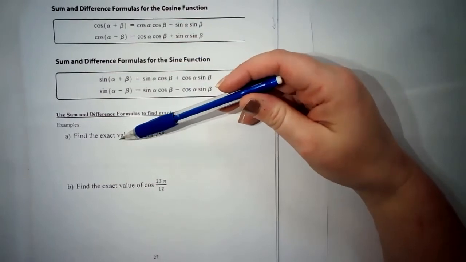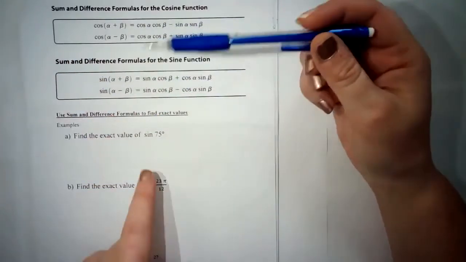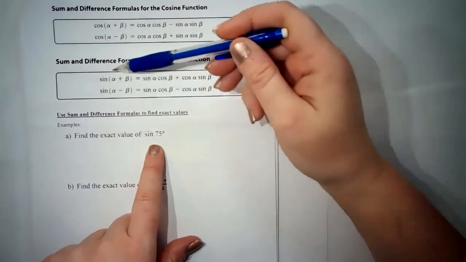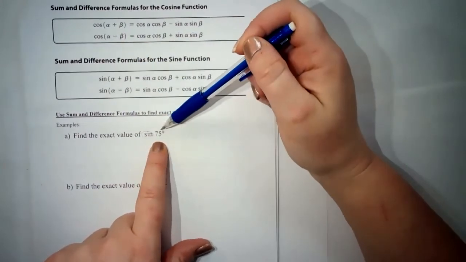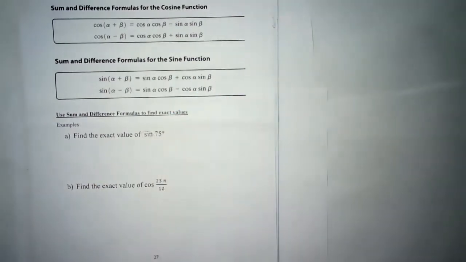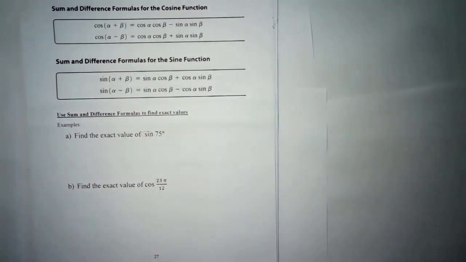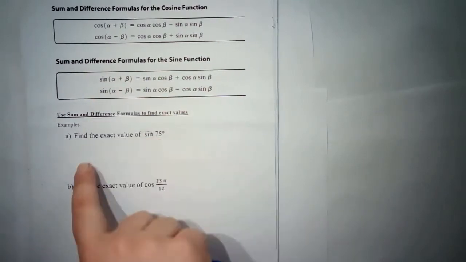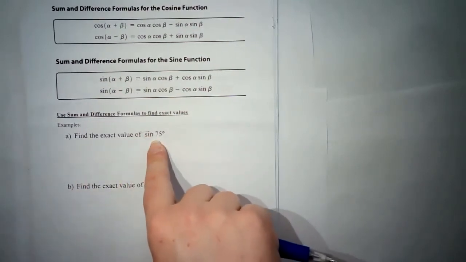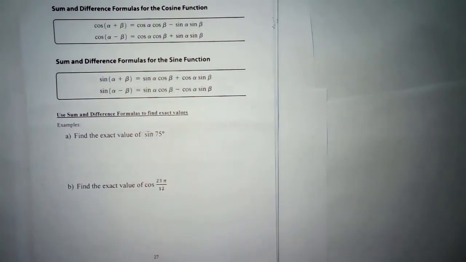it wants exact. So what these say is that since we're dealing with sine, we would have these choices, one of these. It's telling you to take your 75 and break it into 2 other angles, okay? So if I want to use the plus version, I could take 75 and turn it into 45 and 30, right? 45 degrees and 30 degrees.